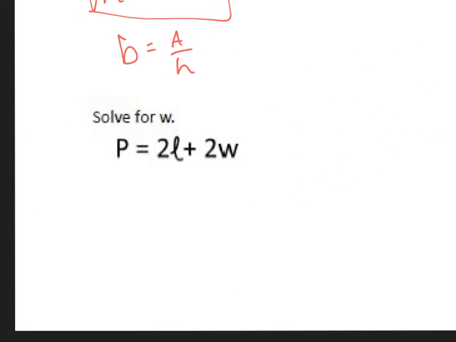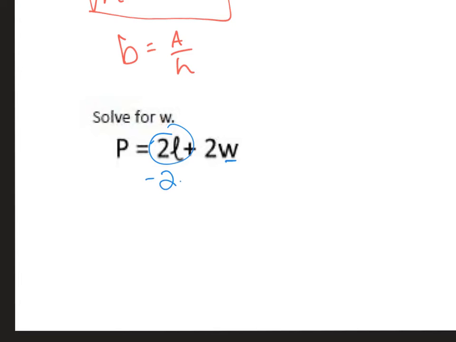Now here we want to solve for W. We want that guy. We need to get him alone, or her, or they. We need to get them alone. We're going to do opposite operations. So we need to undo this.